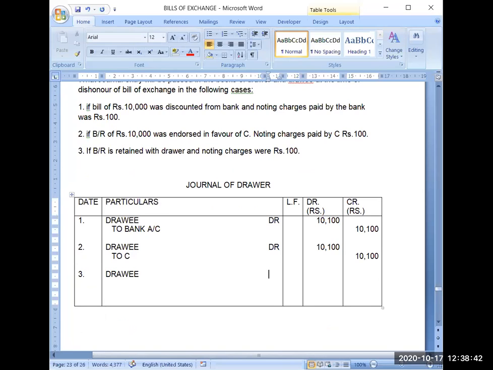Drawee debit 10,000, to bills receivable account, because this is of no use now, it has been dishonored, and the bill amount was 10,000.